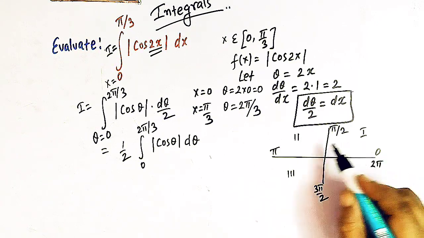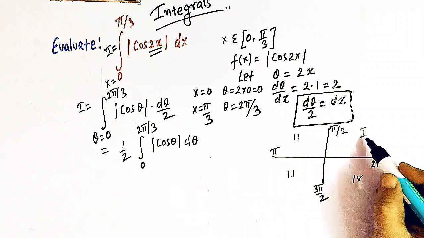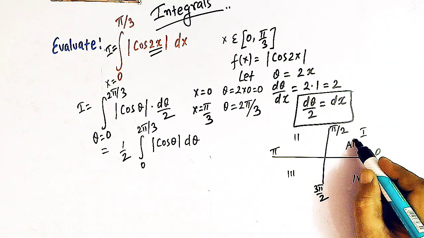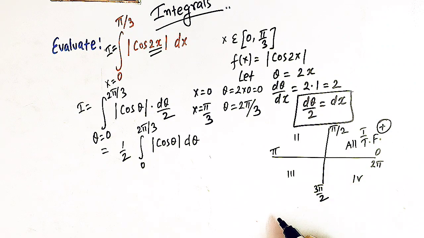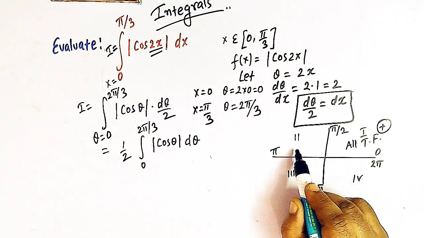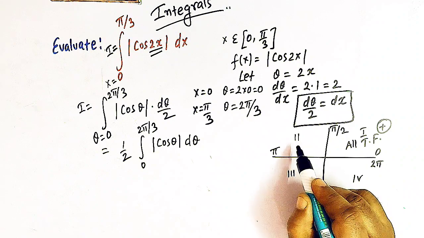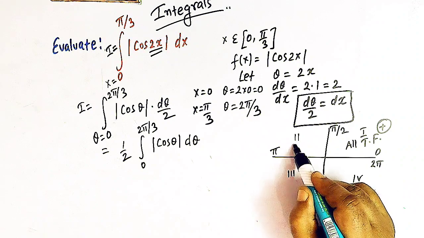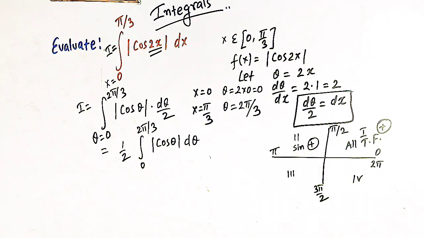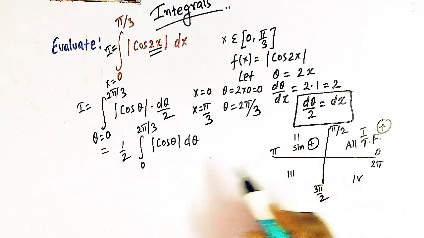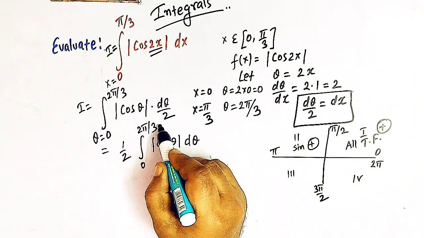We know that in the first quadrant, all the trigonometric functions are positive, and in the second quadrant, only the sine function is positive and the remaining trigonometric functions are negative.